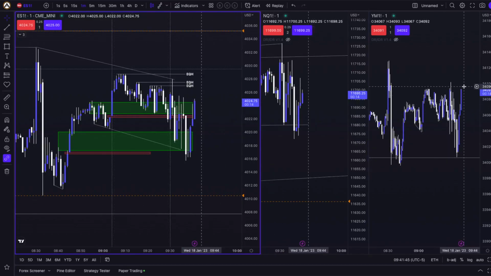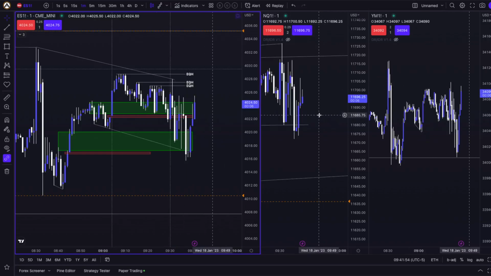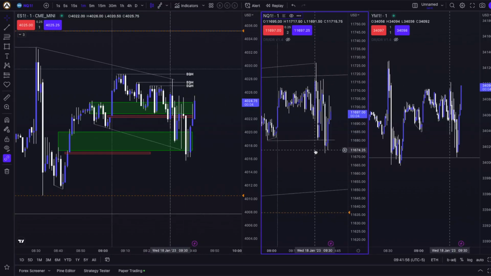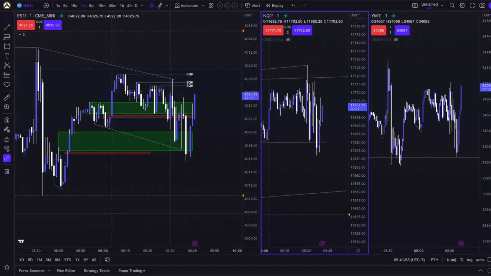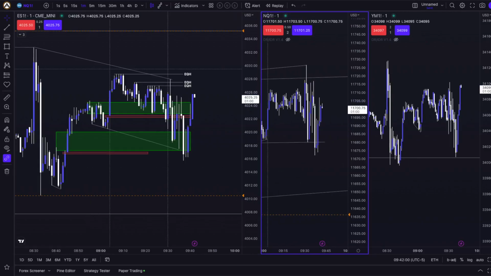Looks like US 30, the Dow Jones Index, is now actually leading the race. Okay, no, not really. Let's just be patient and wait and see here.